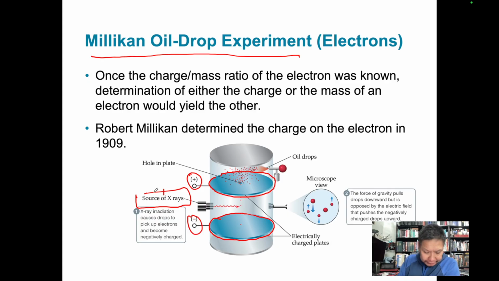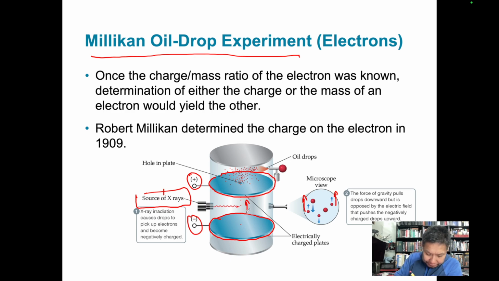And so those X-rays would make the oil drops pick up electrons, and they would become negatively charged. Then those negatively charged particles would start being attracted towards the top plate that was positive. Why is that important?